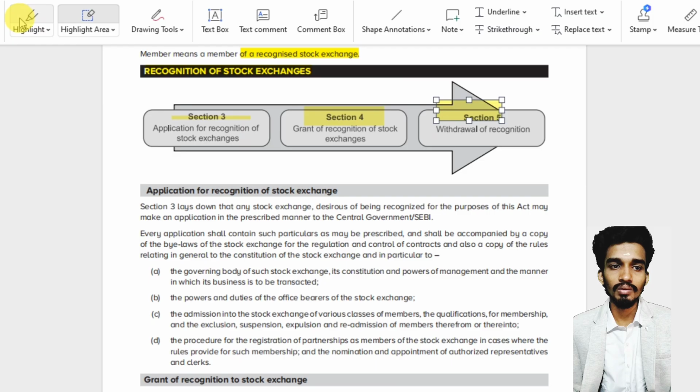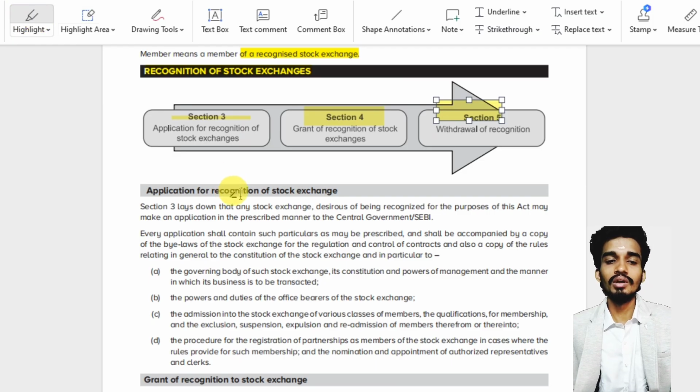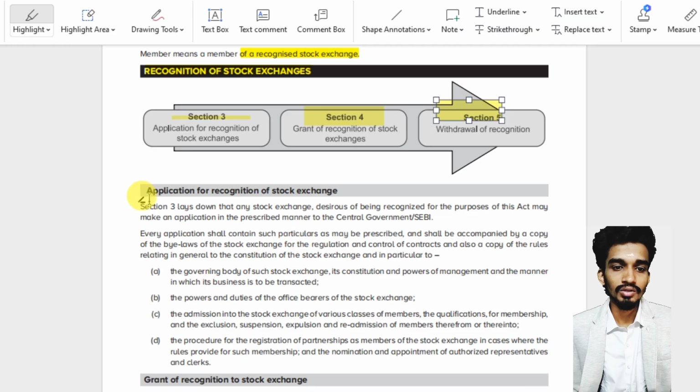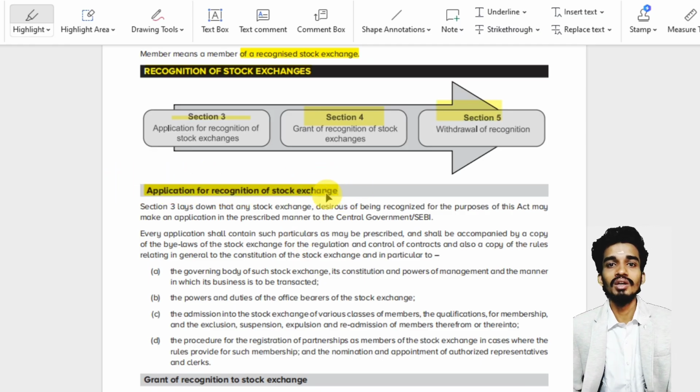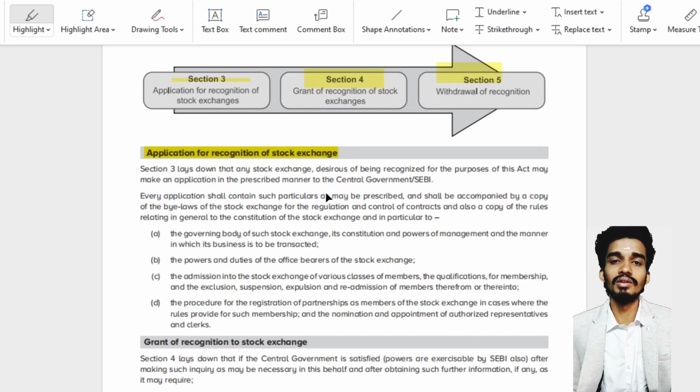So what is required of the stock exchange for the purpose of recognition? First, the stock exchange has to make an application for recognition. Mainly we now have two main recognized stock exchanges, which are NSE and BSE, right?